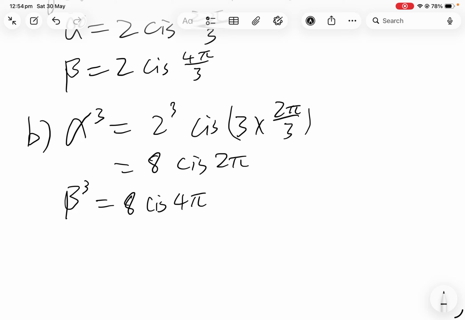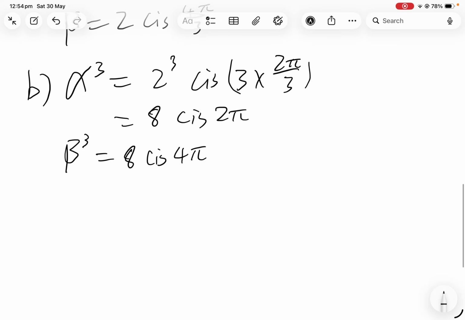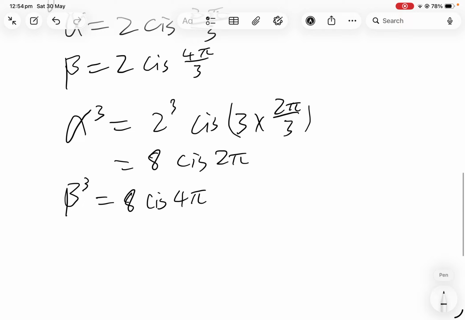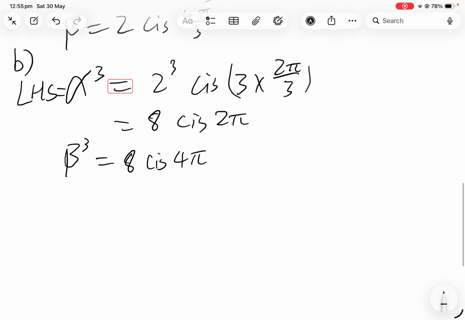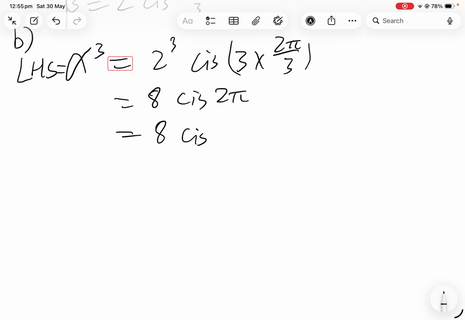We're proving this, so we figured out this is the left hand side. So we can just write that alpha cubed is literally just 8 cis 2 pi, because if you add 2 pi, it's the same exact angle, so you can write 4 pi.